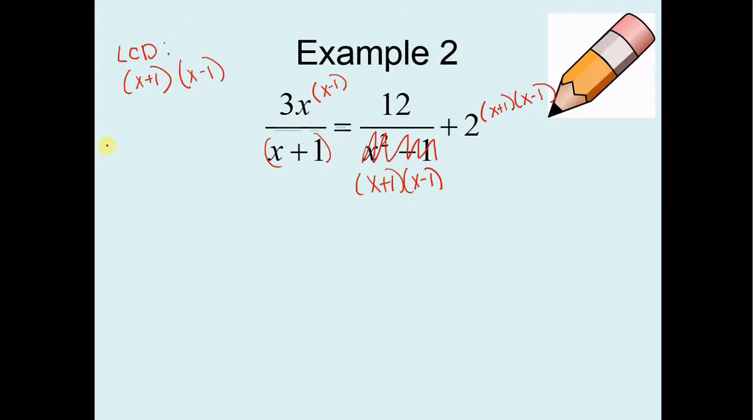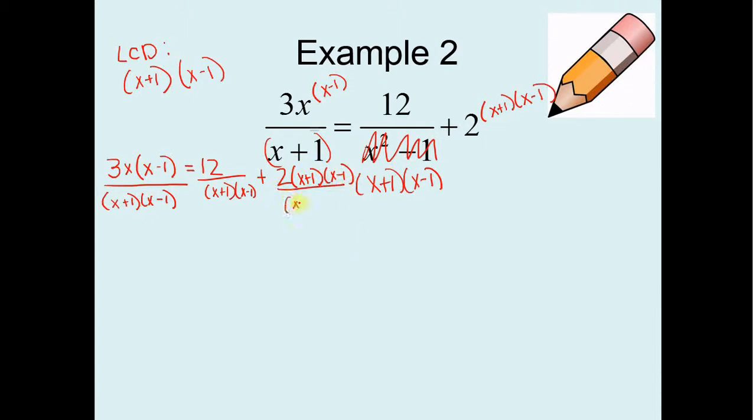I'm going to have a 3x times an x minus 1, over x plus 1, x minus 1, equals 12 over x plus 1, x minus 1, plus 2 times x plus 1, x minus 1, over x plus 1, x minus 1.